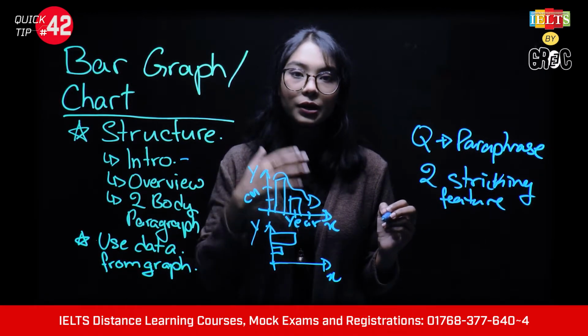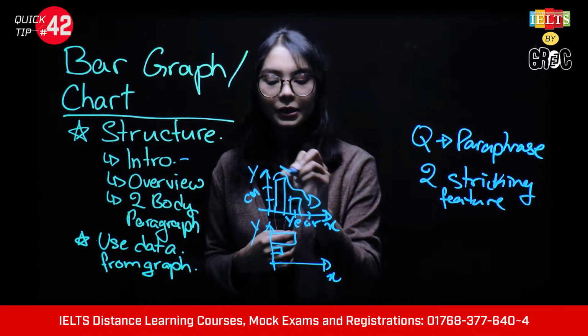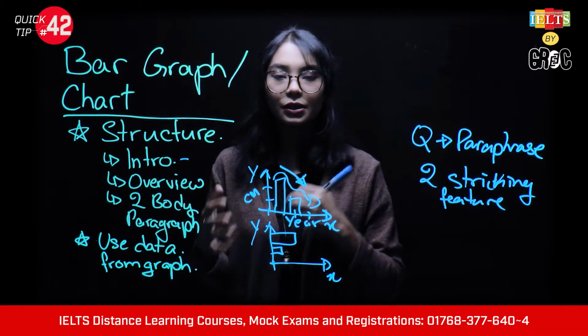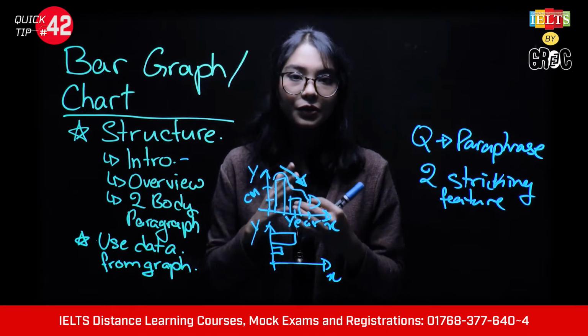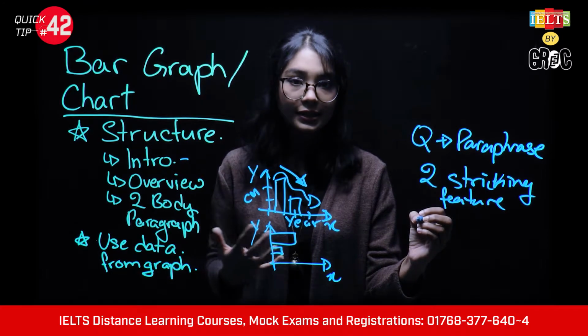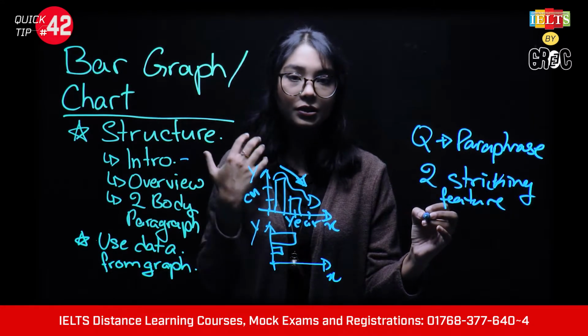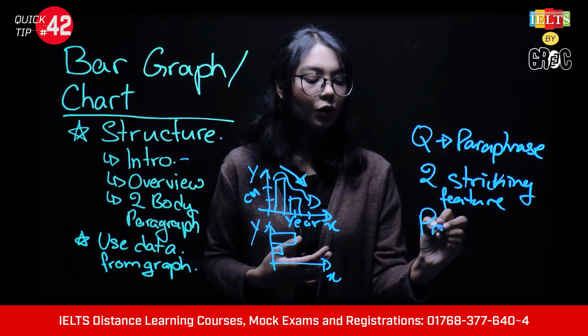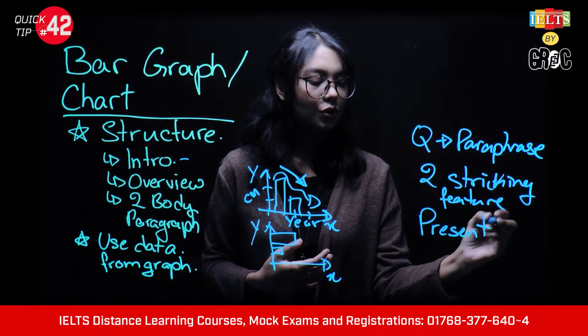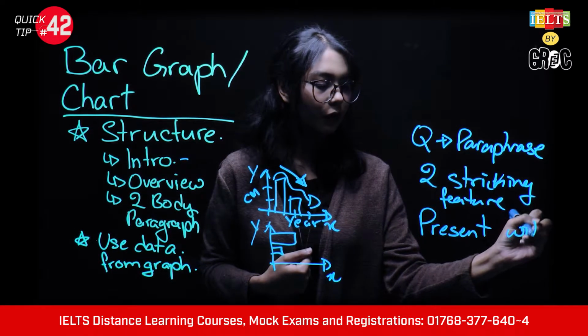Now, when you give your details, you will show, for example, is it going down? Is it decreasing? Is it increasing? Whatever sentence you say, or whatever you present, use data to support it. Okay?